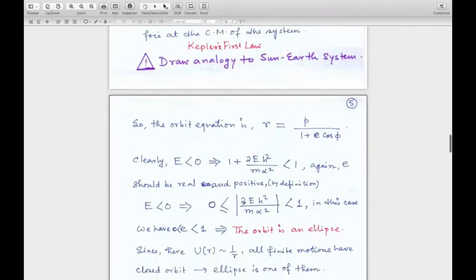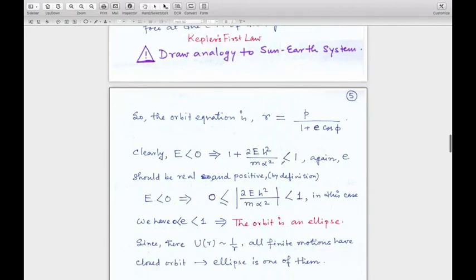Now the question is what is the lower bound of the eccentricity? We can easily understand that the eccentricity should be less than 1, and we all know that the eccentricity must be positive, so the eccentricity must be greater than 0.